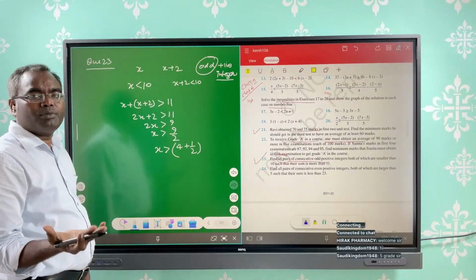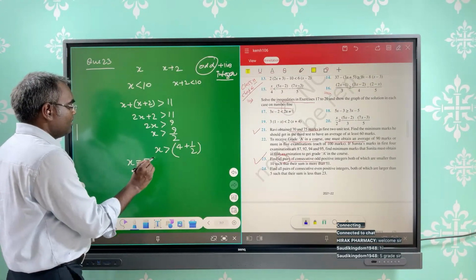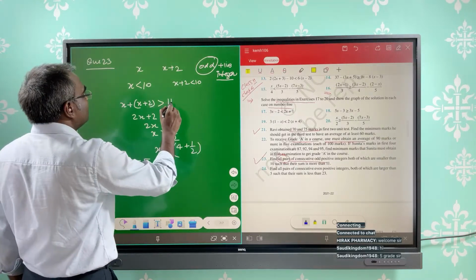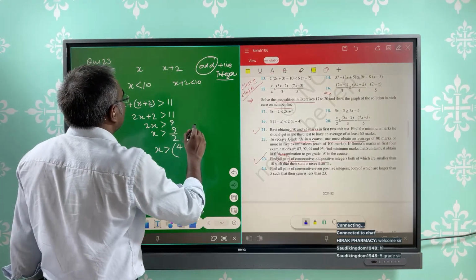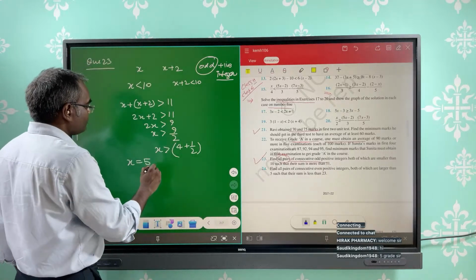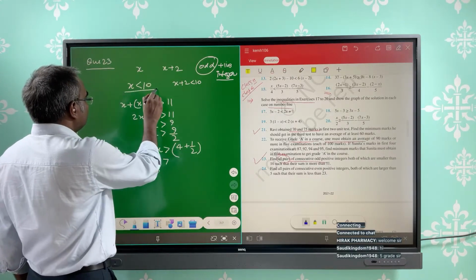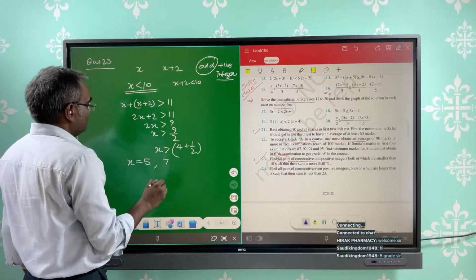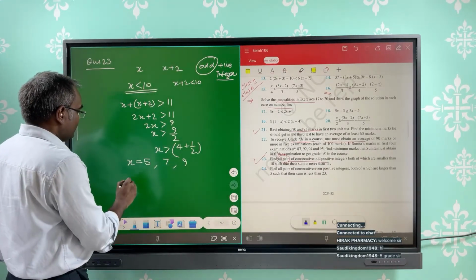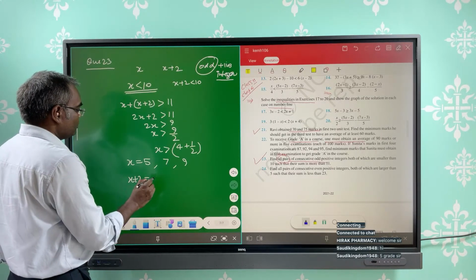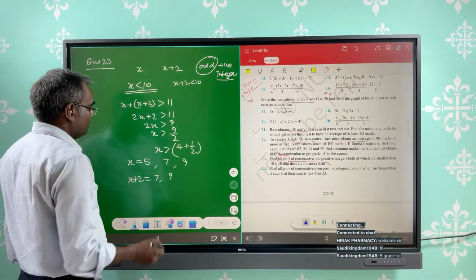That means the odd numbers may be 5, and it should be less than 10. So 5, 7 and 9 are the values of x, and the next number, x plus 2, will be 7 and then 9.